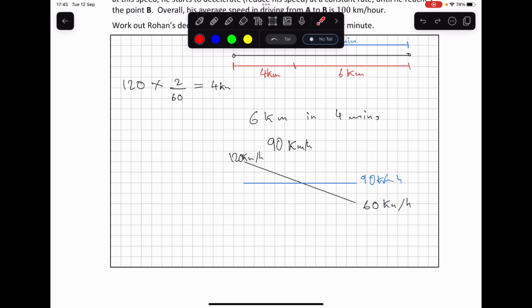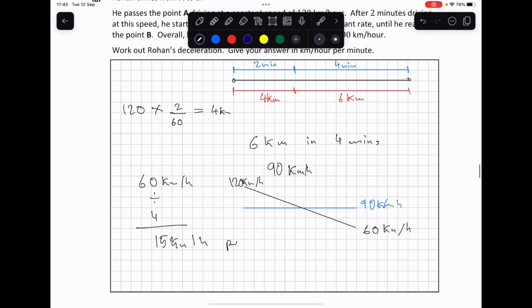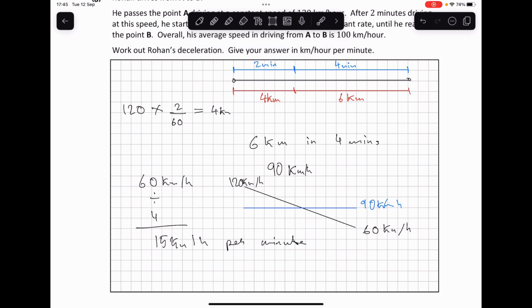So it gets pretty simple. 60 divided by 4, because it's over 4 minutes, gets us 15 kilometers an hour per minute. And that's our final answer. Bit of tricky maths in that question. So yeah, that's our final answer there, as deceptive as it is.